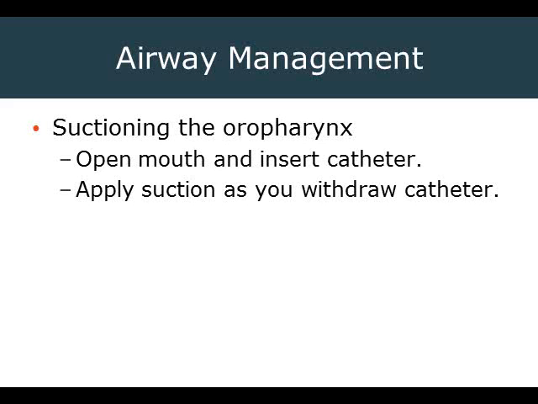When I say the whistle, people commonly know what I'm talking about when I am referring to a French suction catheter. But on most Yankauers, there's also a whistle. And that whistle is just a hole, a port that allows the bypass of suction. Suction is going to take the path of least resistance.